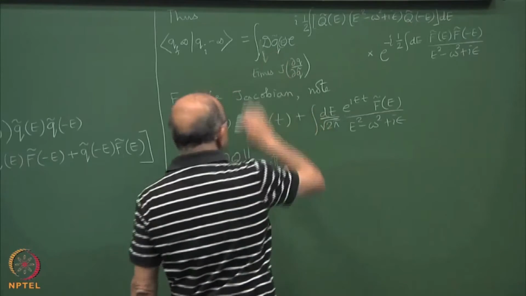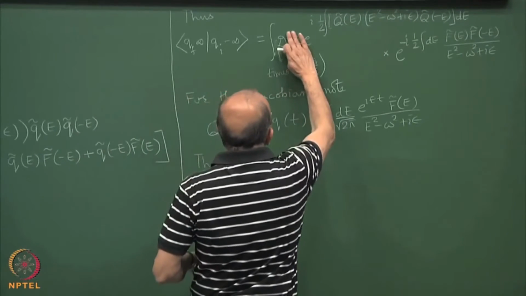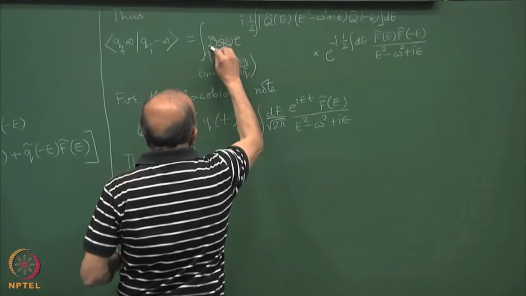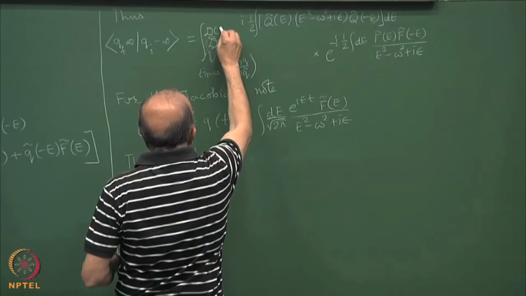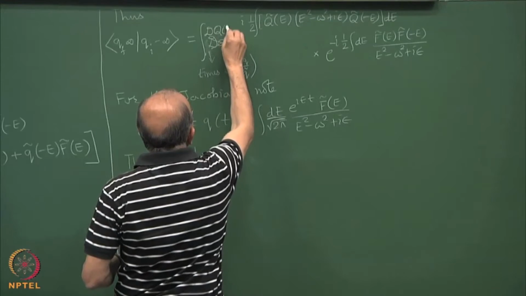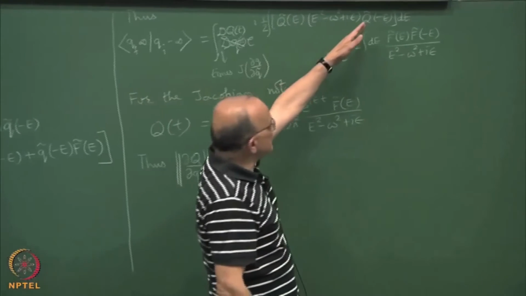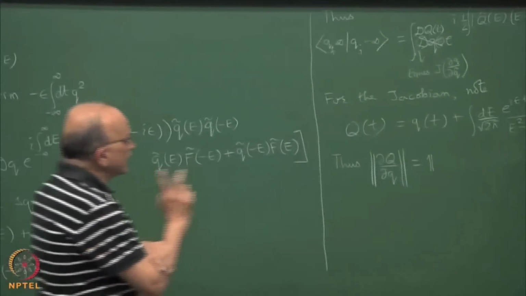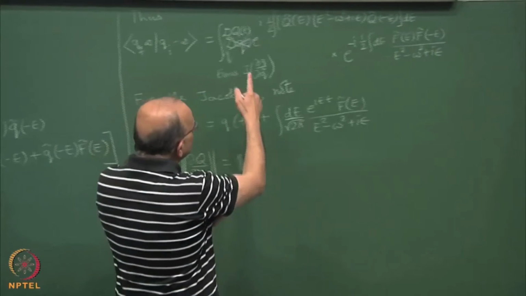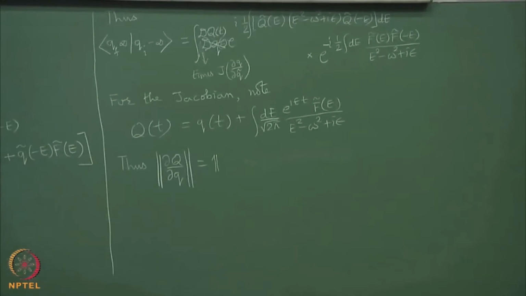All I have to do is make sure that I have changed variables from, I can still write without any loss of generality, capital Q of t, that's all I write, okay. We know that this is function of E and this is t, but we know there is a relation, so we can always work out. Main thing is that we want to move over to doing an integration over big Q rather than small q.